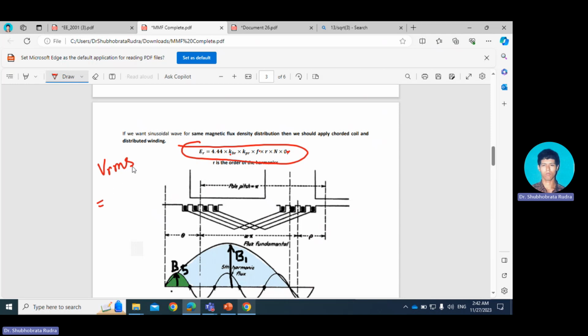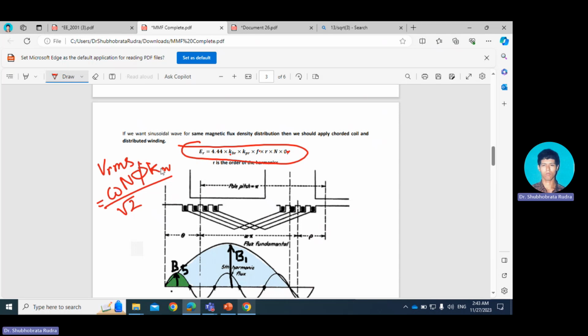It is applicable for the RMS value. And if you have some winding factor, you should introduce it here, Kw.